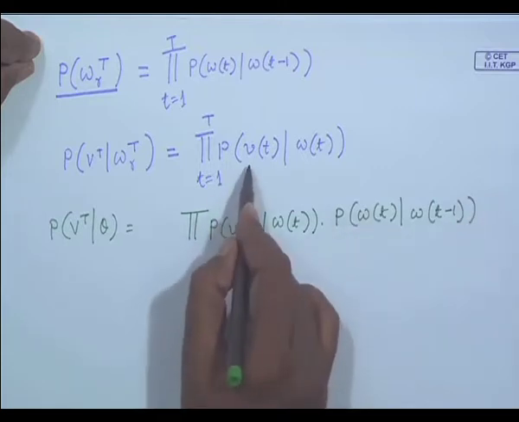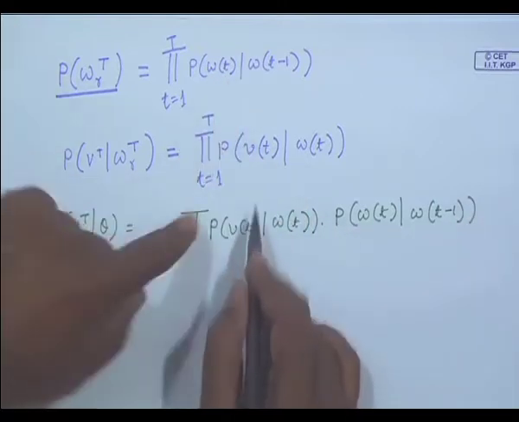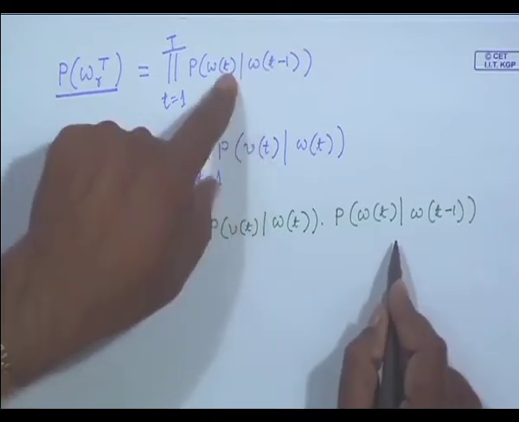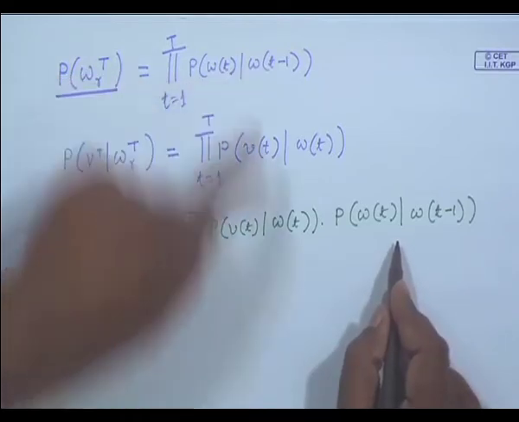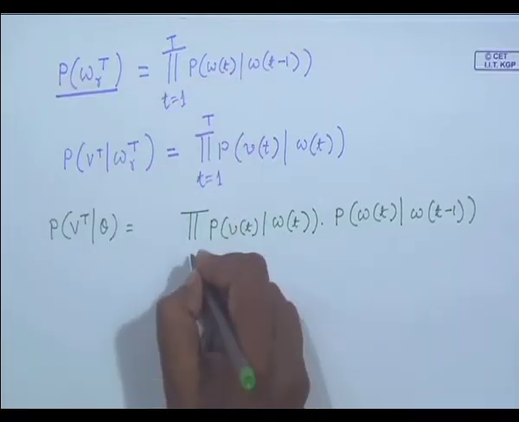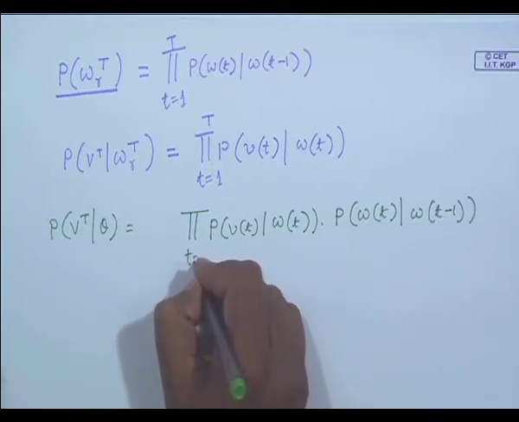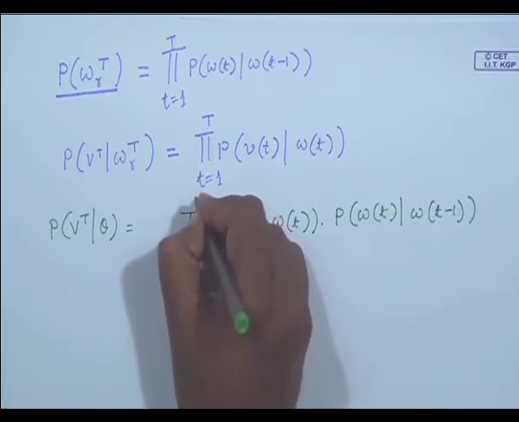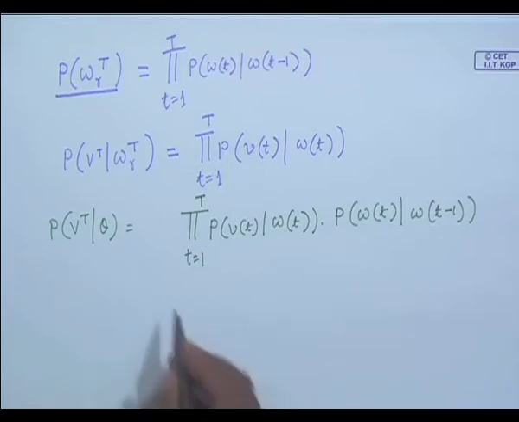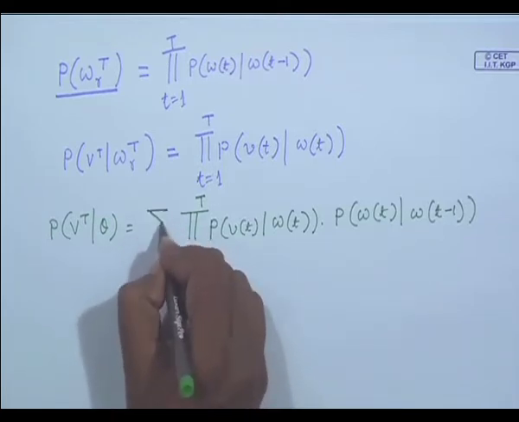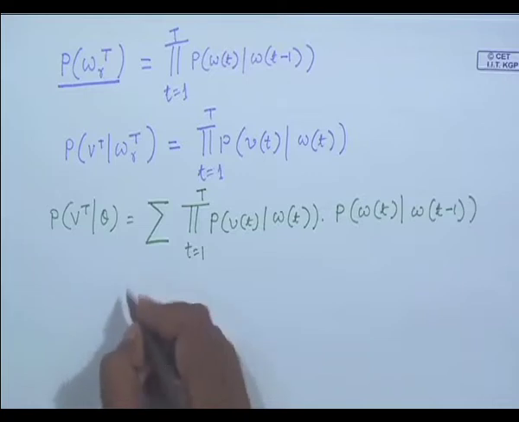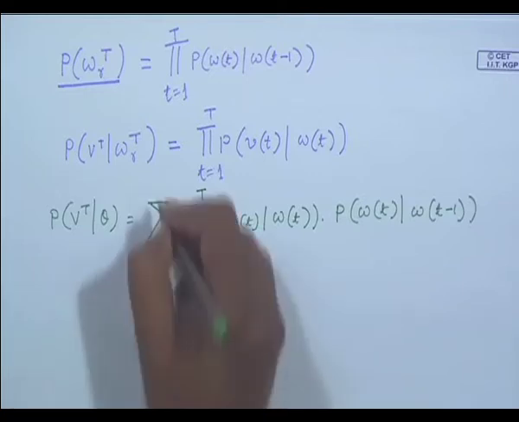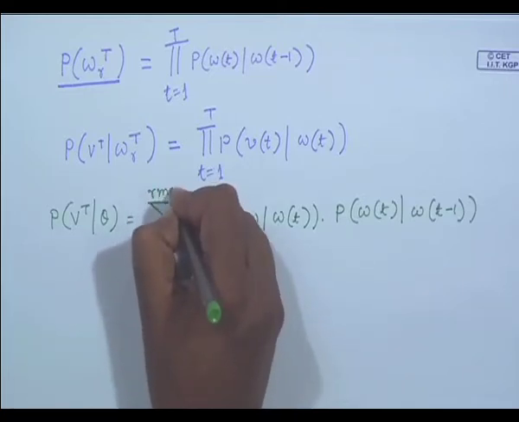So, you just look at this expression and this expression; this is nothing but this, and this is nothing but this. I have to take this product for t equal to 1 to capital T and take the summation of this over r equal to 1 to r max.